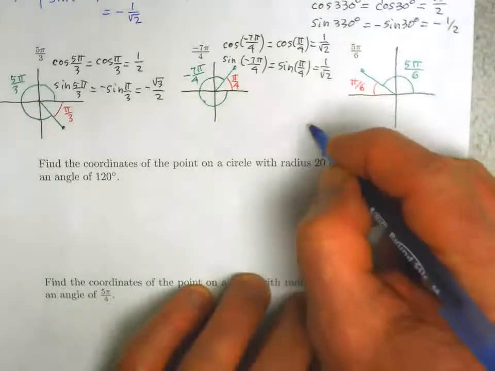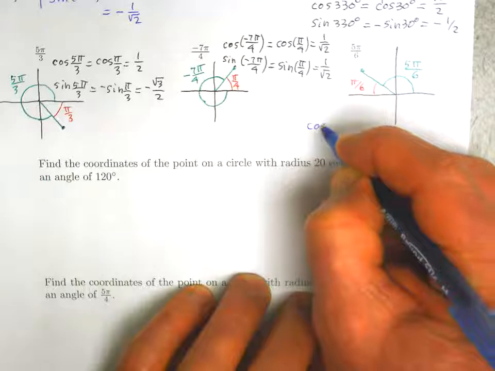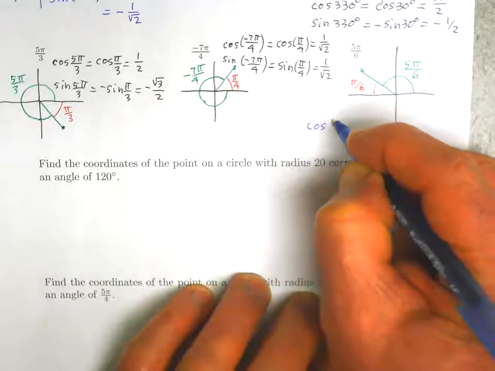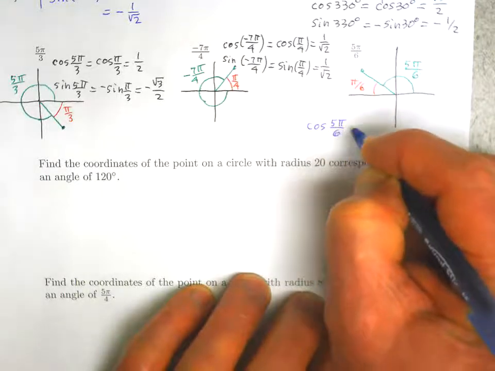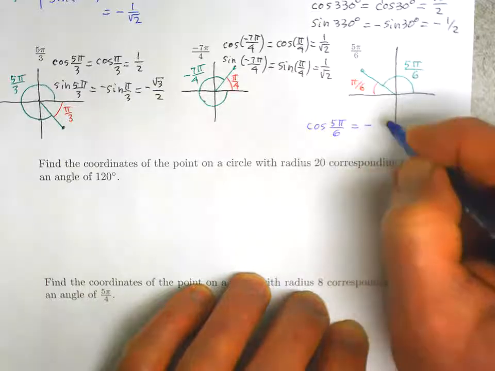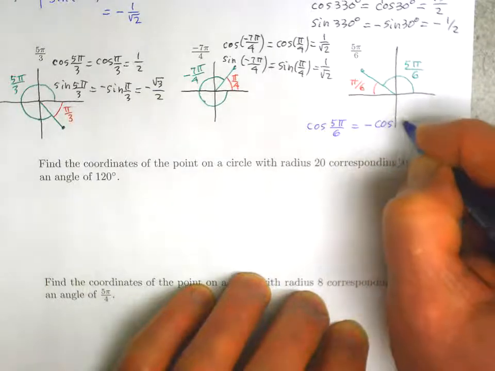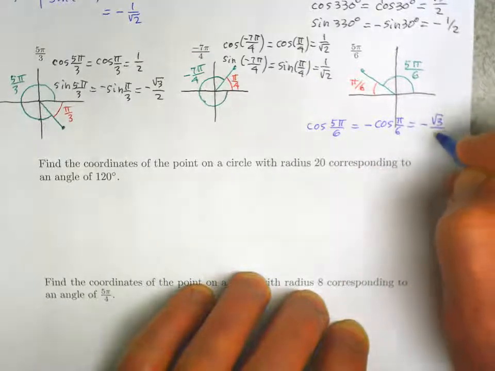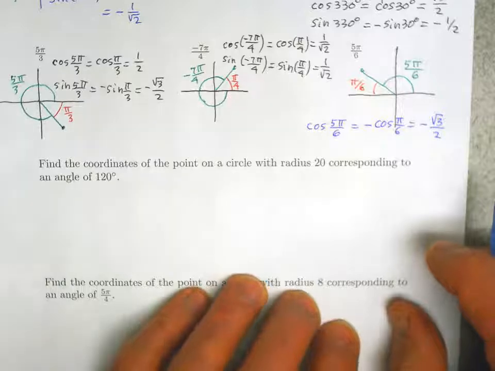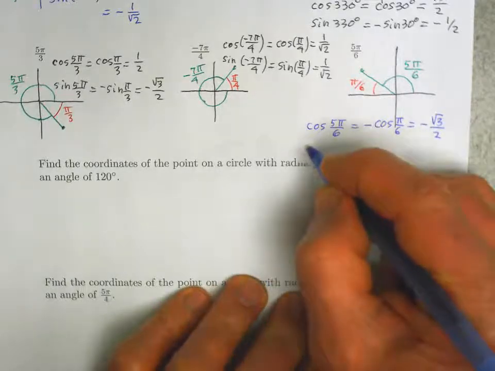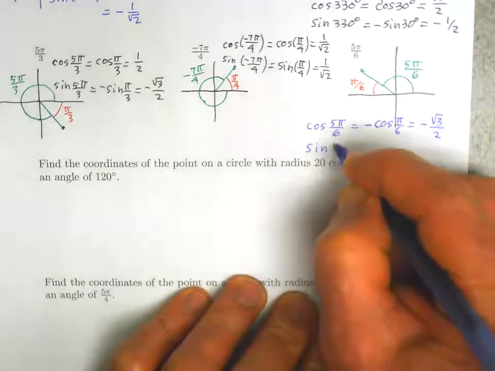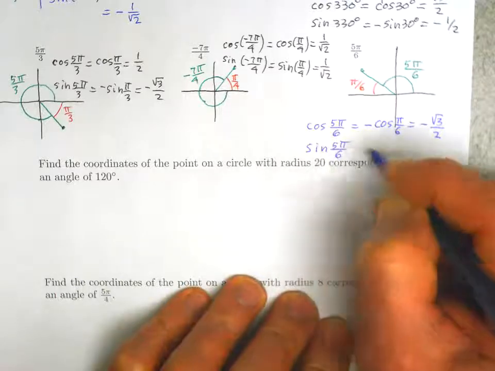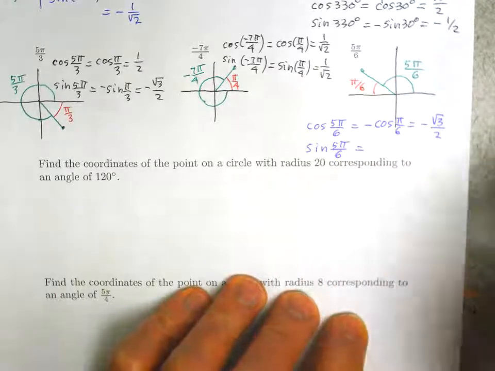Okay, so cosine of 5 pi over 6 is equal to the negative of cosine of pi over 6, which is the negative of the square root of 3 over 2. And sine of 5 pi over 6 is equal to the sine of pi over 6.